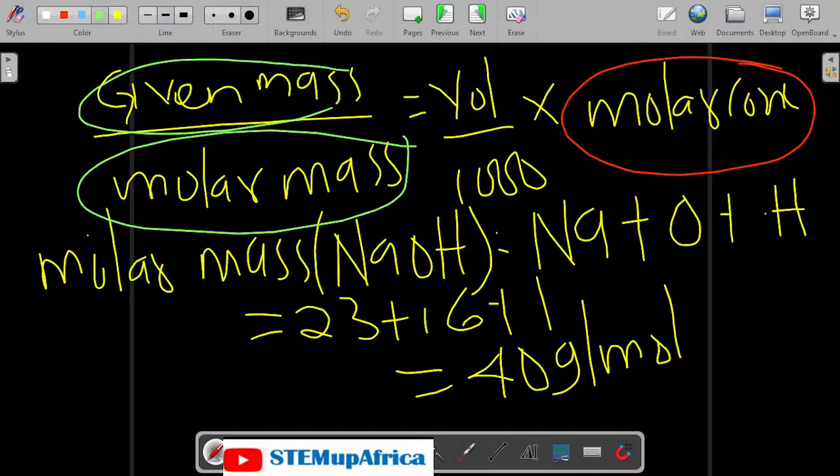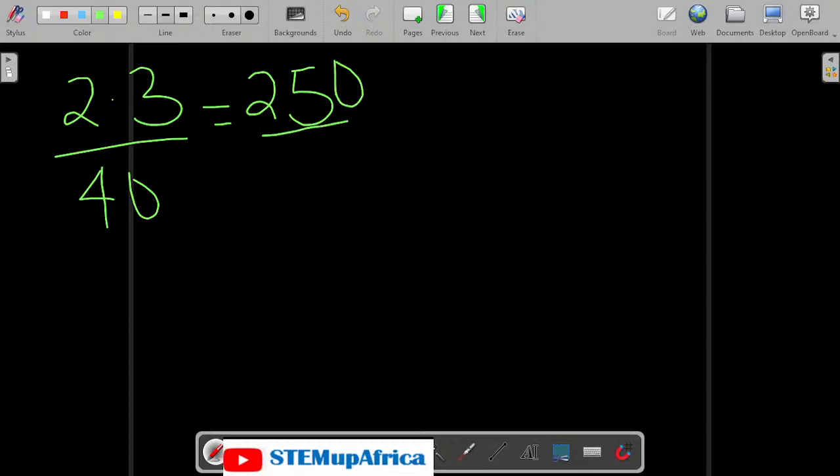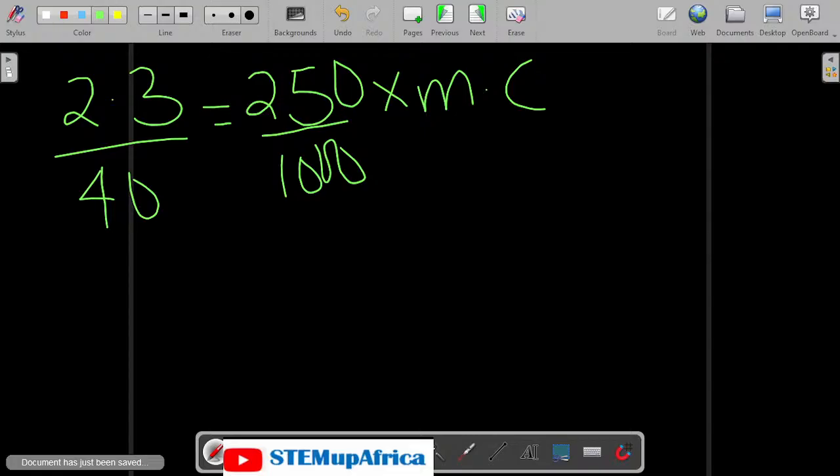Don't forget the mass is given to us as 2.3. The volume is 250 cm cube. With that, I can now find the molar concentration of the base. So I'm going to have 2.3 over 40 is equal to 250 over 1000 times molar concentration, which I call MC.